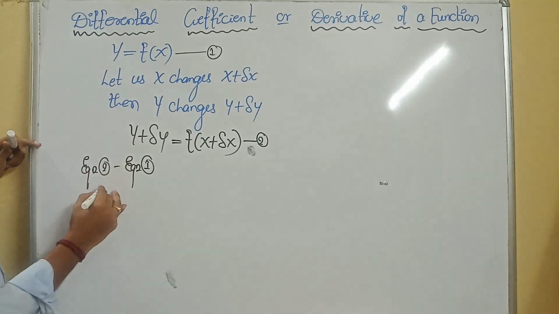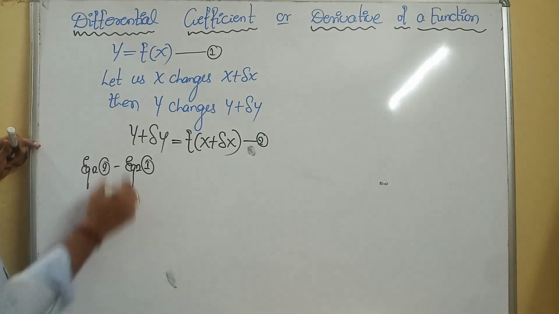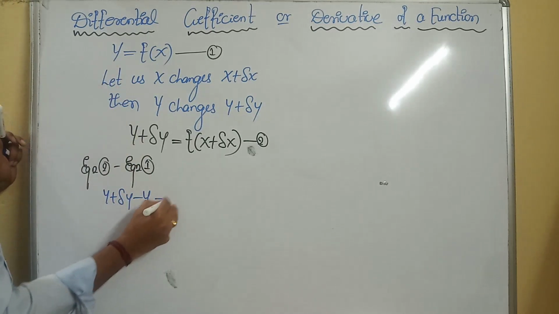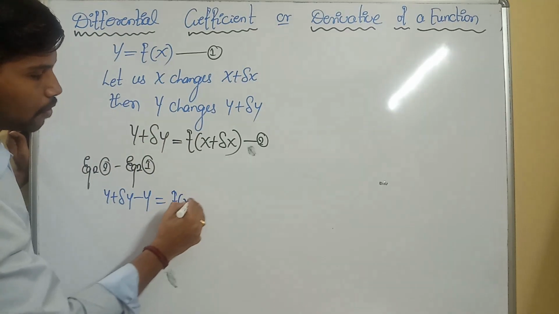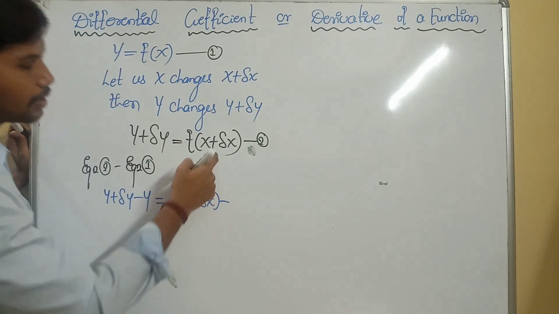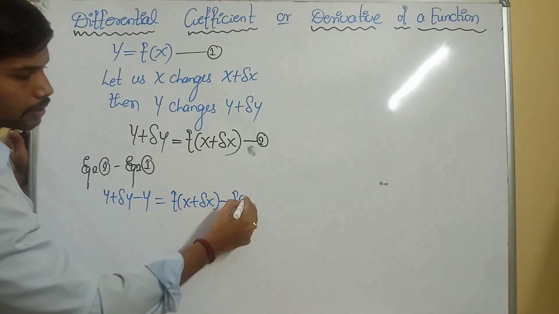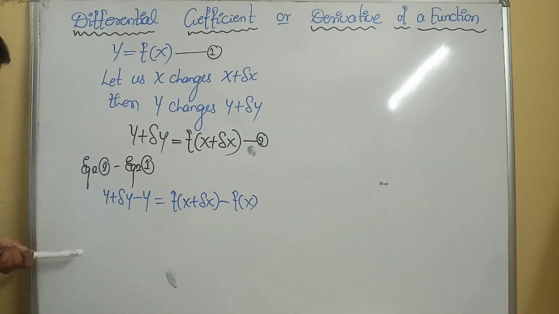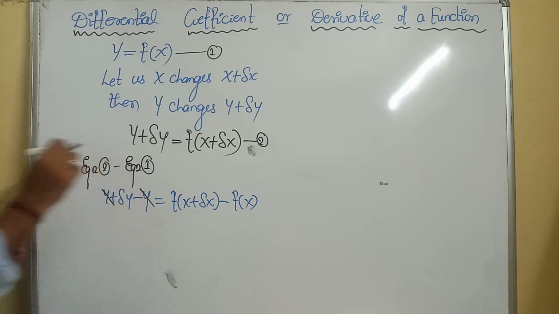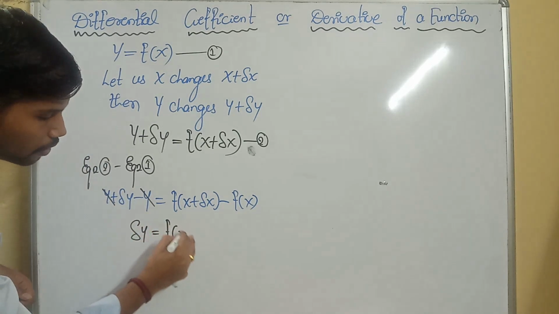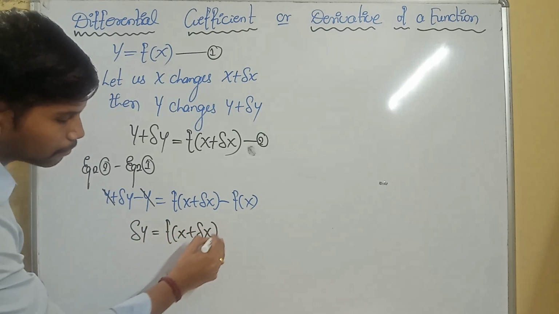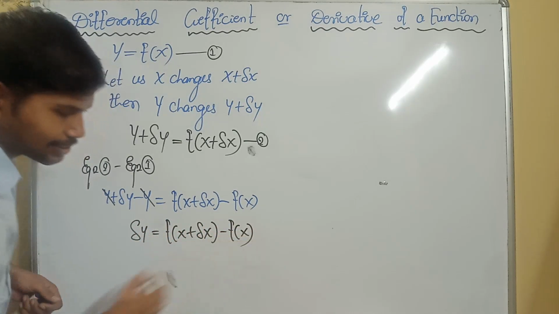It will be y plus delta y minus y, and on the right, f of x plus delta x minus f of x. y will be cancelled. So delta y is equal to f of x plus delta x minus f of x.